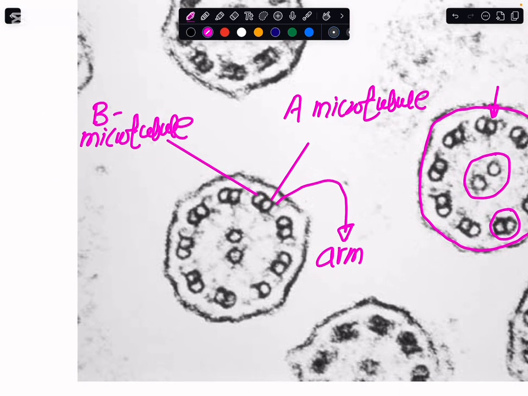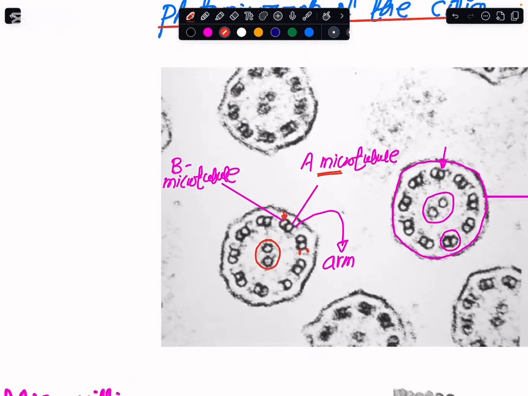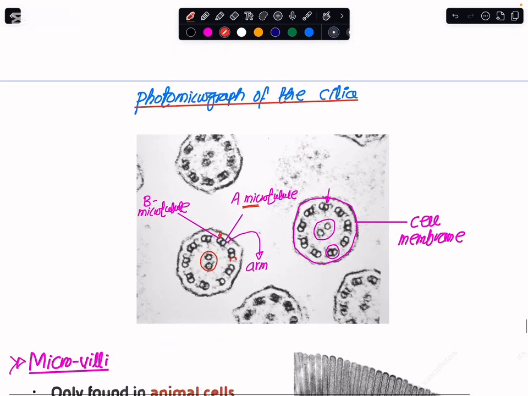Now if I were to zoom in further, you see for a moment that here we have these side arms of the A microtubule, which is part of a duplet. And then here we have this B microtubule attached to the A microtubule, and here at the center we have two central microtubules as well. So I hope you are clear with the structure of this cilia for now.